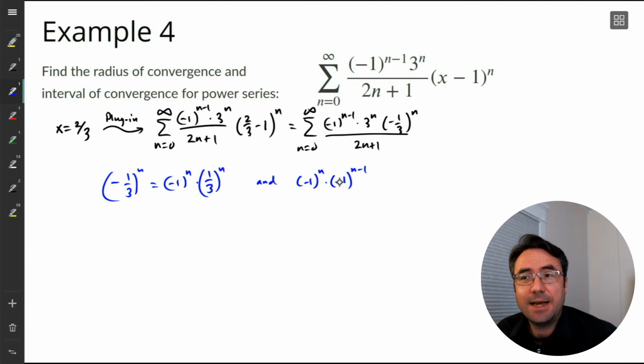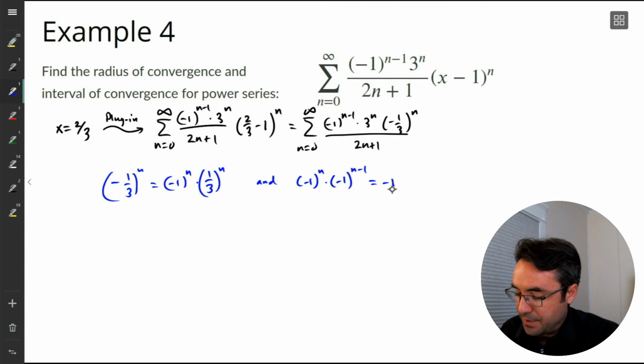And if n is odd, well, this will be -1, and this will be +1. So no matter what happens here, one of these is going to be negative, the other one's going to be positive, so we're always going to end up with -1. No matter what n is here, one is positive, the other is -1.